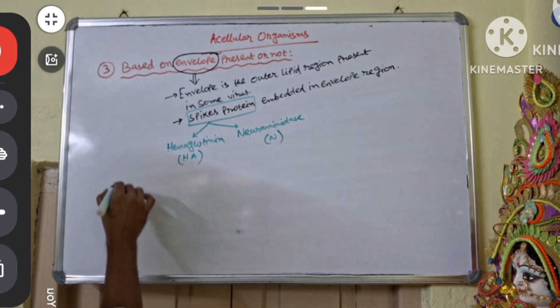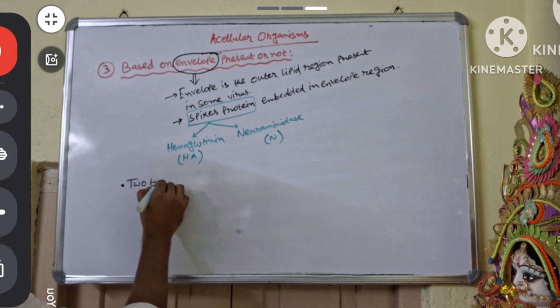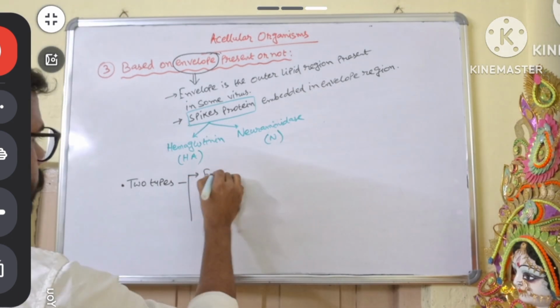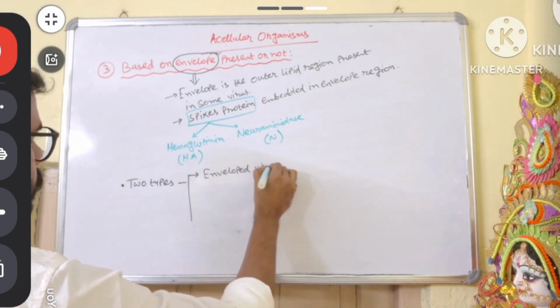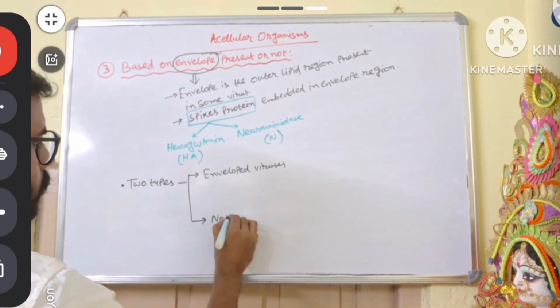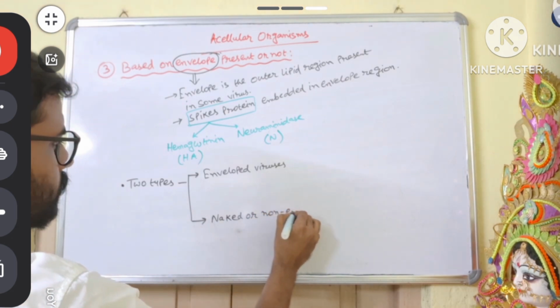So two types: type 1 envelope virus and type 2 naked or non-envelope virus.